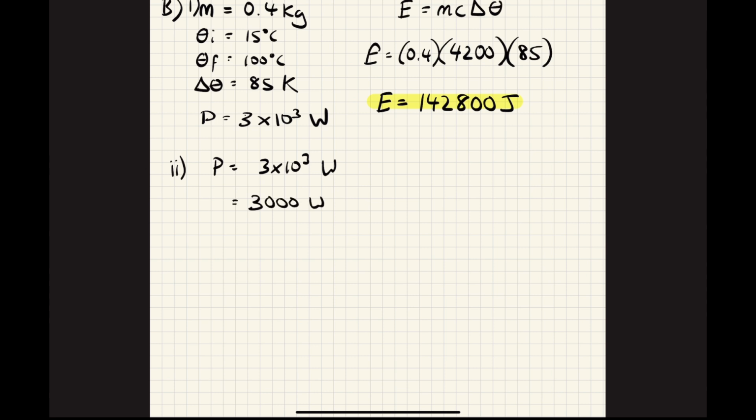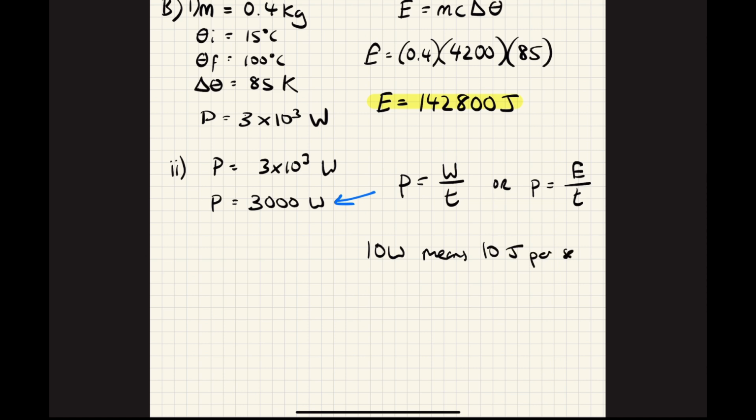What that means is, power is defined as work over time. Another way I often get people to think about it is energy over time, just because the W confuses people. That means if I have 10 watts, that means 10 joules per second.